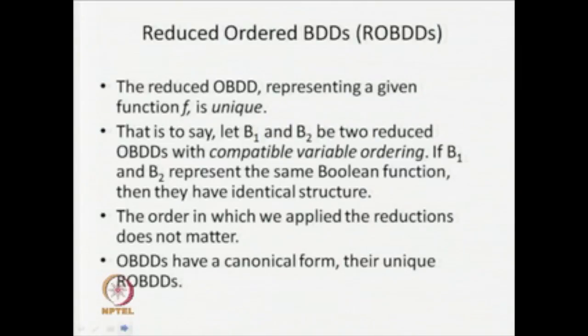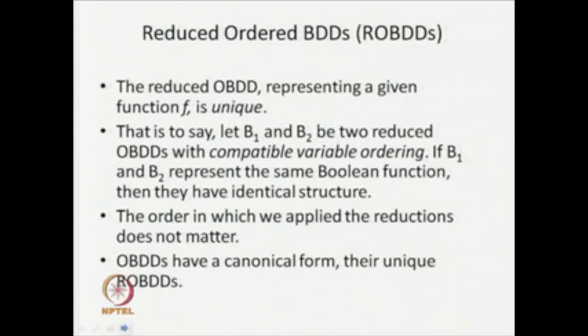Now, these are some properties of the reduced ordered binary decision diagram. The reduced ordered binary decision diagram representing a given function f is unique. So, if we look at a particular function f and construct the reduced ordered binary decision diagram of that function, then this ROBDD will be unique with respect to that particular variable ordering.